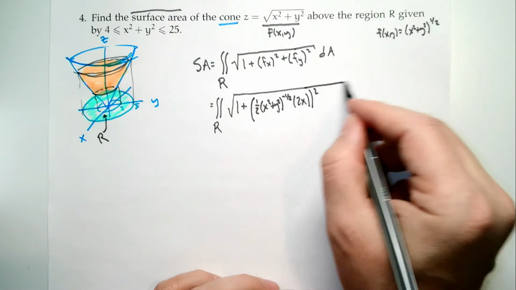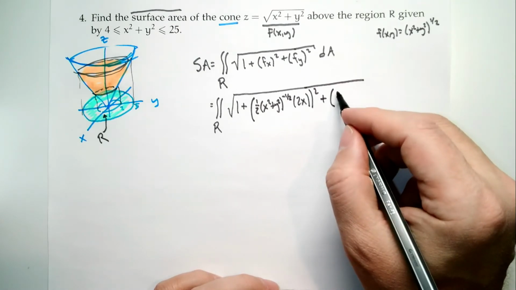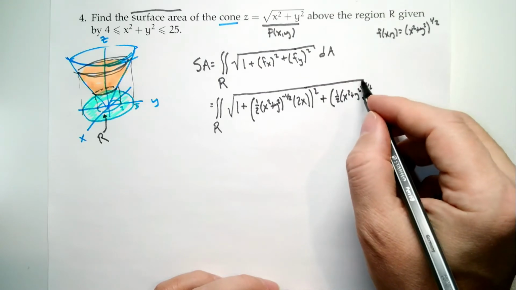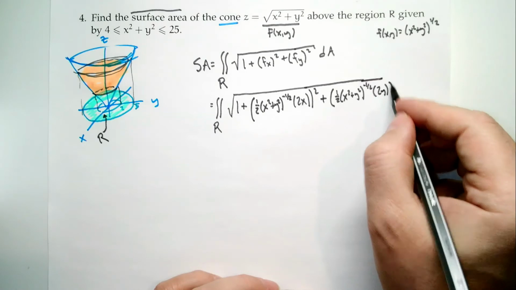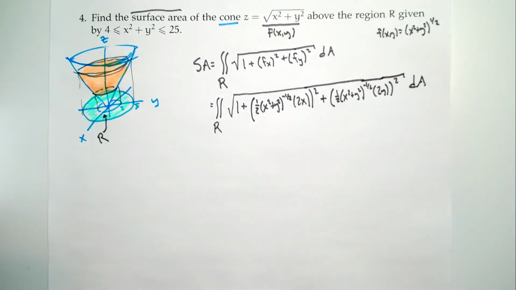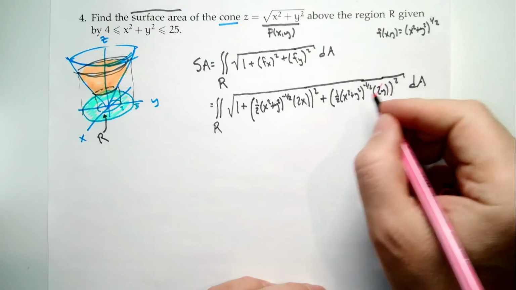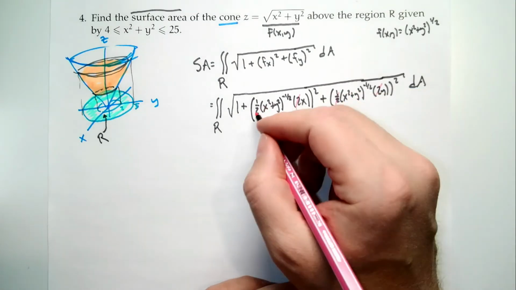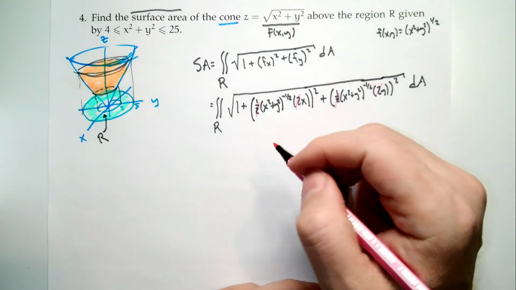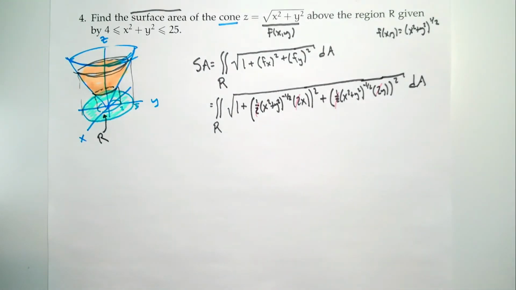Then we're going to have that squared plus, similar process, 1/2, x squared plus y squared to the minus a half times the derivative of the inside, which is 2y, squared. Okay, good. It's starting to look really bad now. Well, but don't worry. It looks the worst just before it gets totally terrible. Okay, there you go. See? Slightly better, right? We got the 2's to cancel. Progress. Progress.